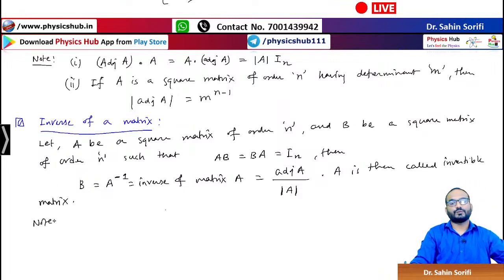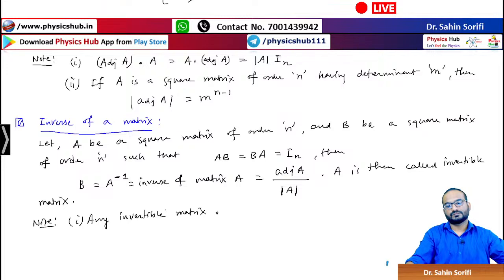Now a few important properties we can consider for the inverse of a matrix. Any invertible matrix possesses a unique inverse, meaning there will be no multiple inverses, only one inverse will exist.